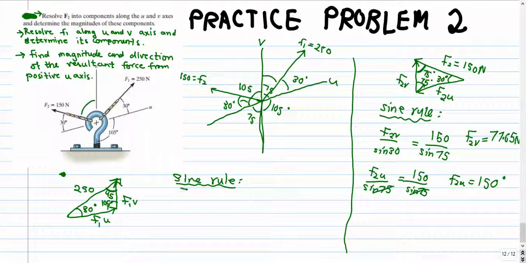So according to the sine rule, F1u divided by sine of 45 degrees should be equal to 250 over sine of 105 degrees. F1u is equal to 183.01 newtons.